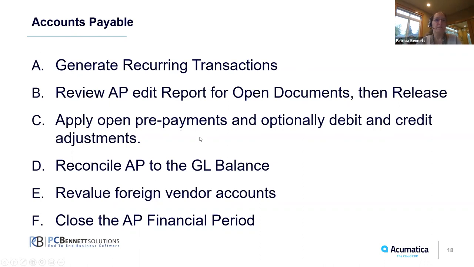Apply any open prepayments or payments that are open. Debit or credit adjustments, you want to reconcile your AP balance for the month you're closing with the balance on the GL account that reflects your accounts payable. I think there's a question.